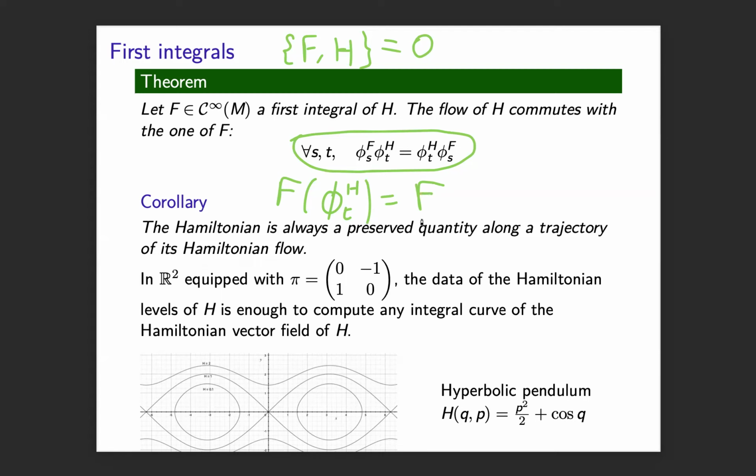In this case, one obtains that F composed with the flow of H at any time t, so this is for all t, F composed with the flow of H at time t equals F. It means that F is a preserved quantity along the Hamiltonian flow of H.